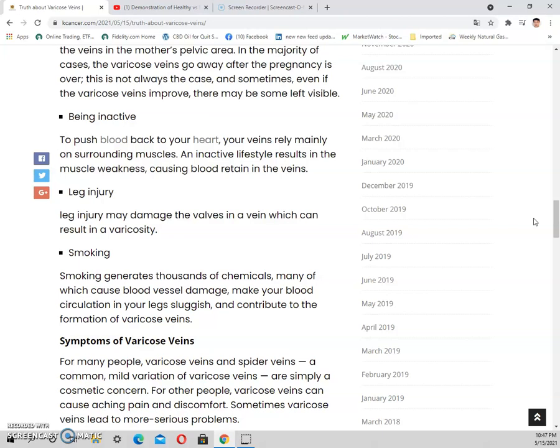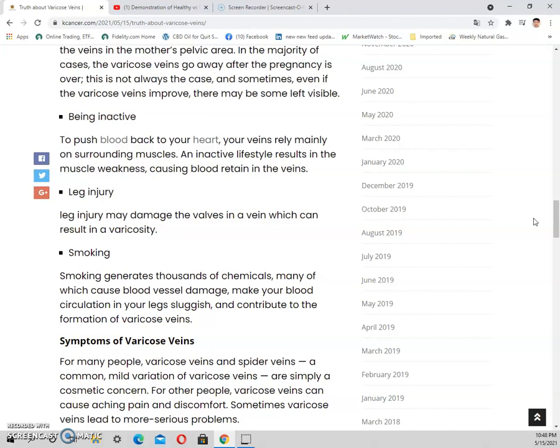In another case, many people may not know. Sometimes you don't know that you have a leg injury, and in most cases the injury may damage the vein valves, as shown in the picture. That is the most important factor for varicose veins.